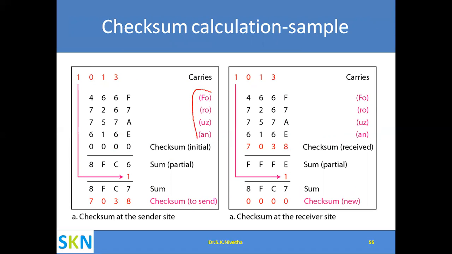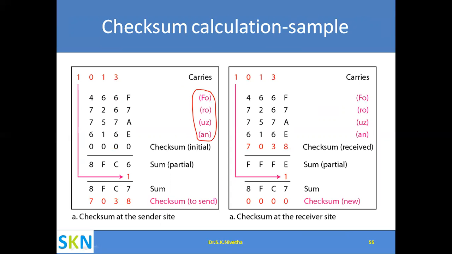Suppose the text we want to send is in 16-bit checksum form. So we are arranging it in 16-bit hexadecimal manner. Normally, a binary checksum or hexadecimal checksum is applied. Here, this example shows a hexadecimal checksum.